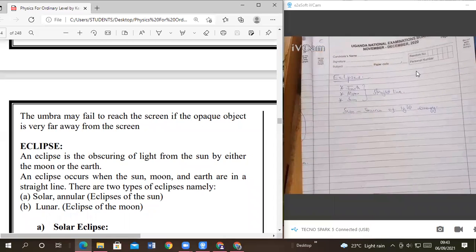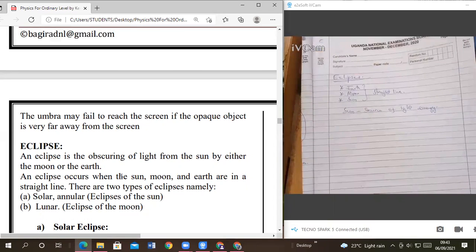So we have said an eclipse is the obscuring of light from the sun by either the moon or the earth. That's what we call an eclipse.